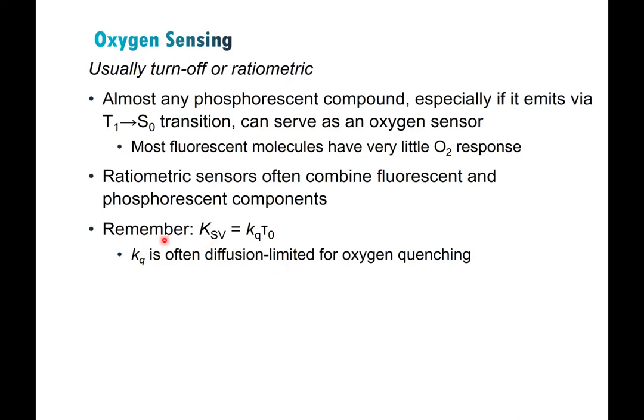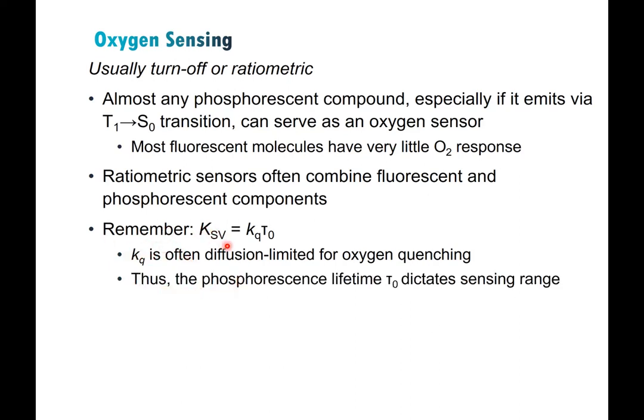So that basically means at the limit at which oxygen and the molecule diffuse together, you will see quenching. It happens instantaneously as soon as the two come together. And so Kq is usually a pretty similar value for all of these sensors, and that means the way that you modify the Stern-Volmer constant would be by changing the lifetime tau 0.